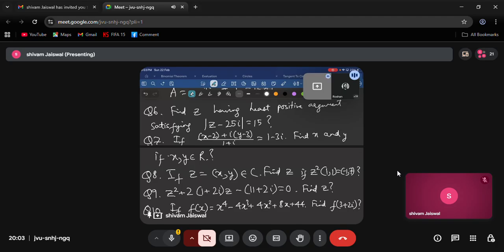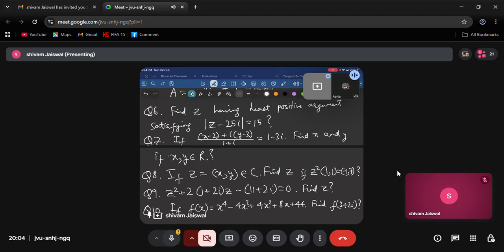Yeah, I'm checking one by one. Let me see. Yes, Pallavi 7 is correct. Somali 7 is correct. Adrija, this is the answer of which question? Sir, 6.